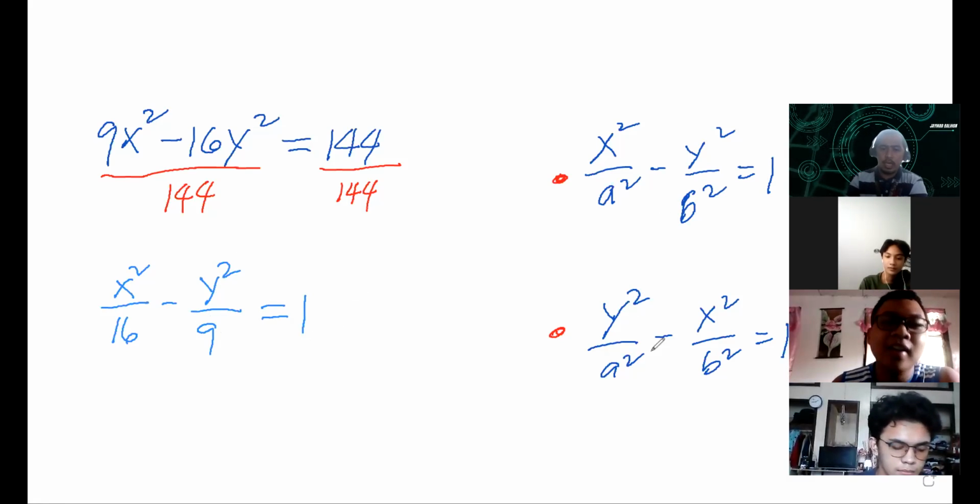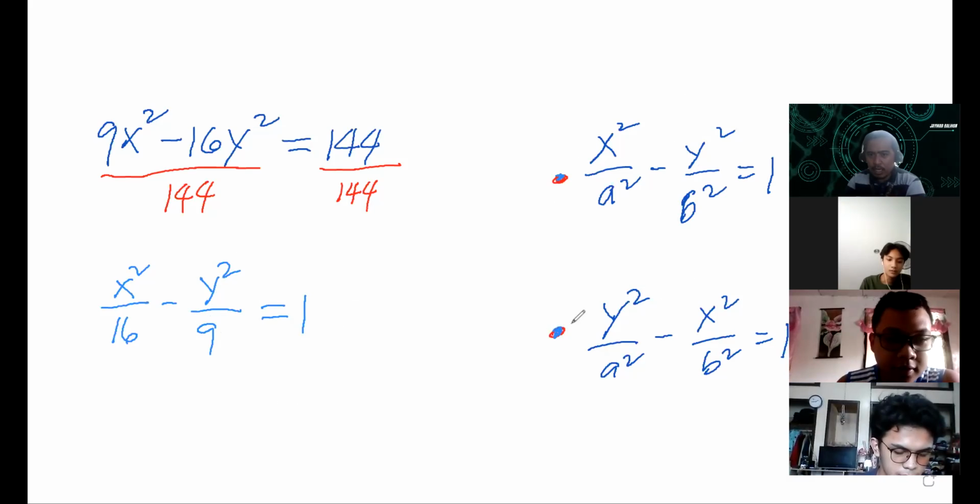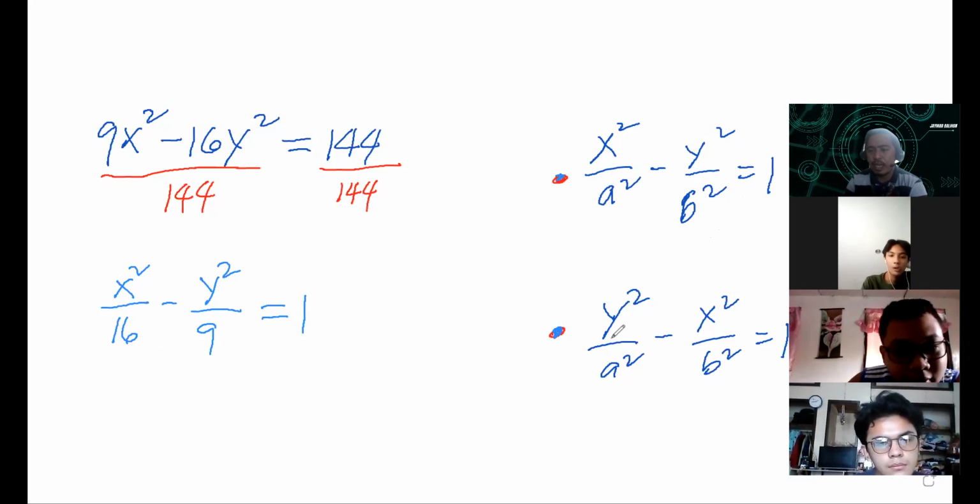So we're almost there. Look at it. Is it the first form or the second? Listen. Where is the positive? In x or in y? The positive is in x.